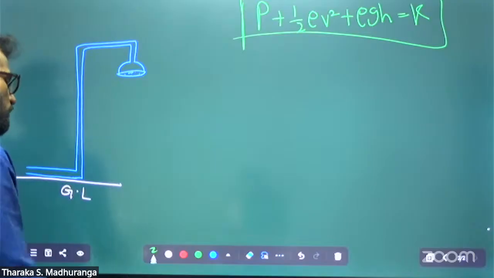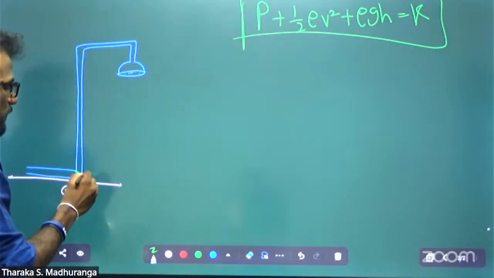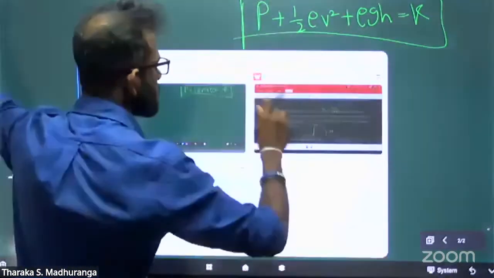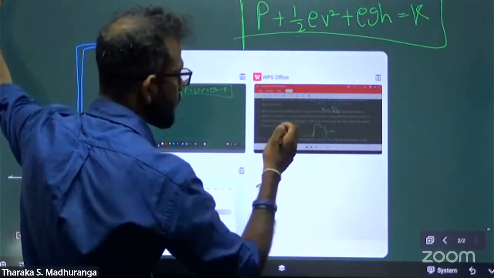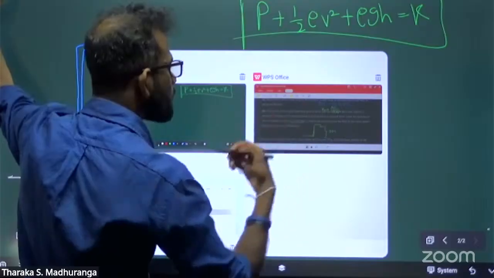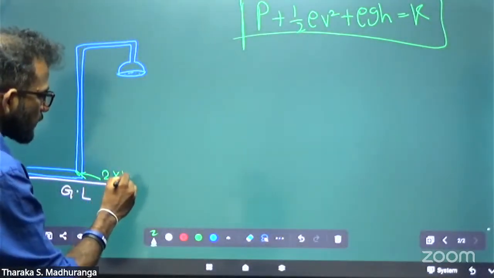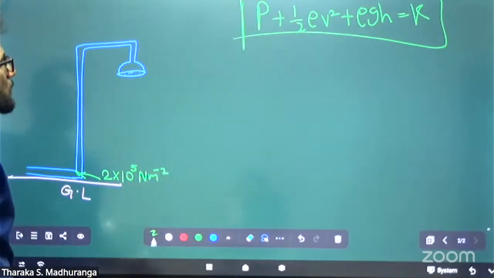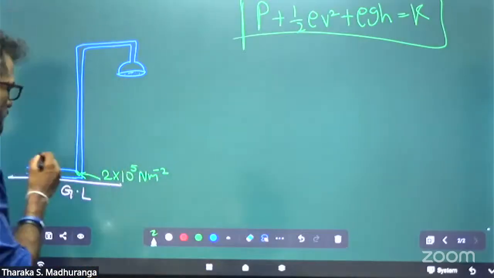Now you already know that at the end at ground level, the pressure is given. The pressure value is 2 into 10 to the power 5 N m^-2.